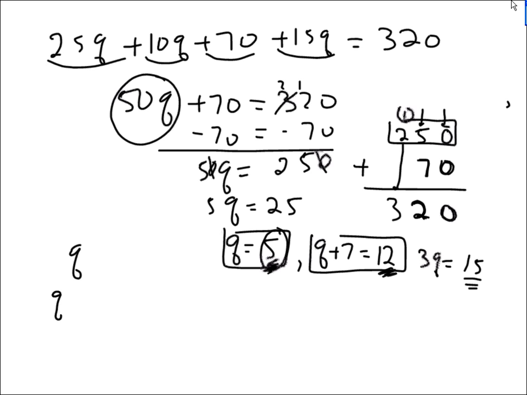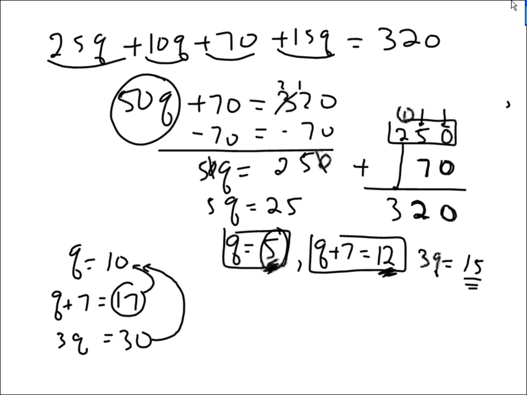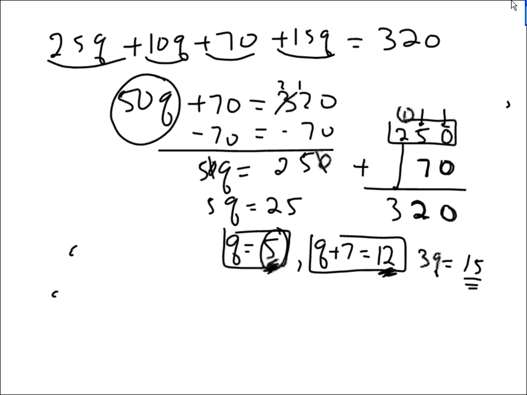Q plus 7, and 3Q. I can say Q is 10, so that's 17, and that's 30. This number is 7 more than 10, and this number at the bottom is 3 times 10. Okay, and that would live up to what I wanted as well. But it wouldn't live up to my having $3.20.